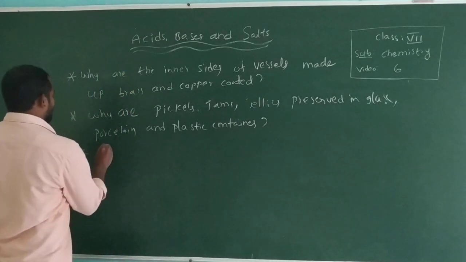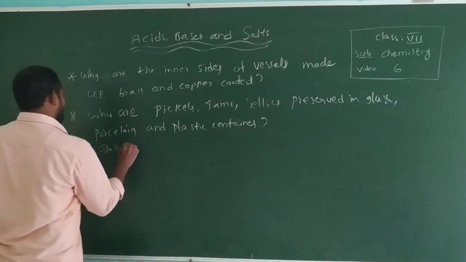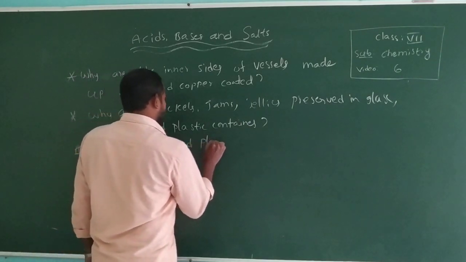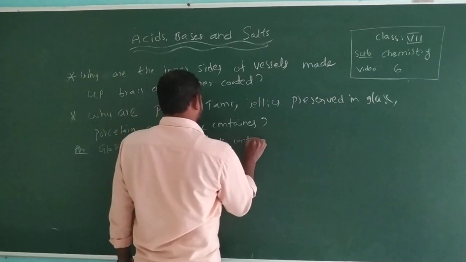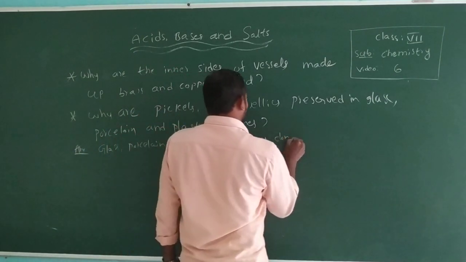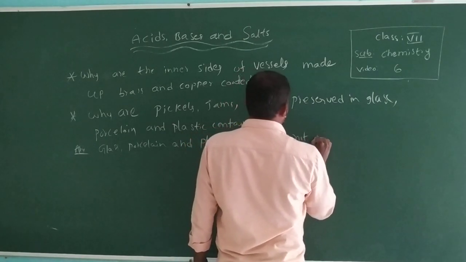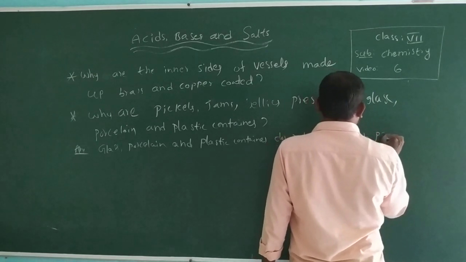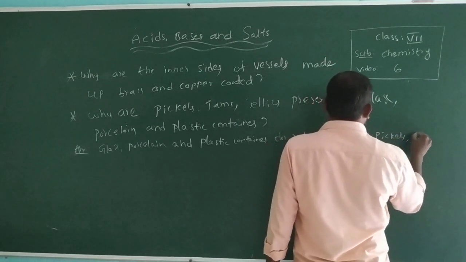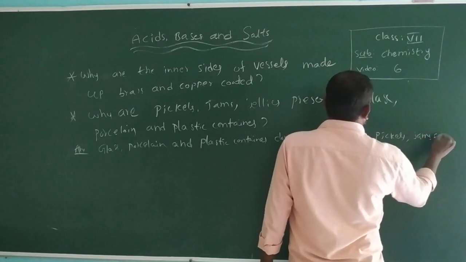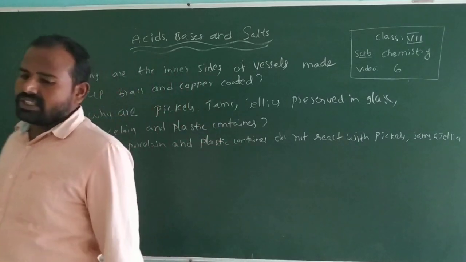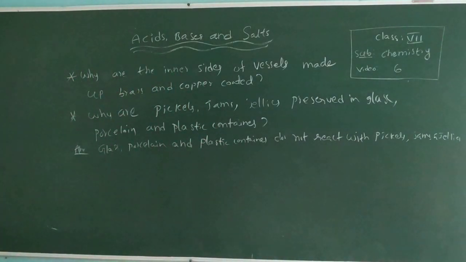Simply, glass, porcelain and plastic containers do not react with pickles. If they are stored in a metal container, they will easily react and may get spoiled. Simply you can write that answer.